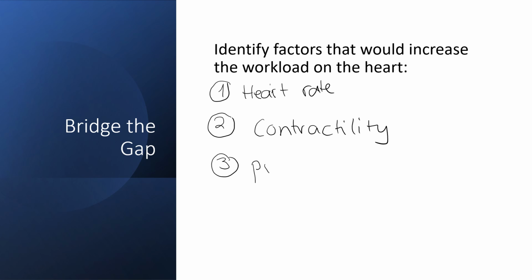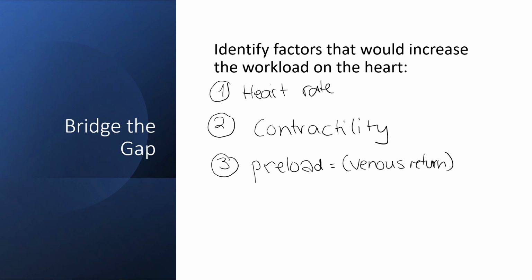Preload. If you recall, what is preload again? It's volume. It is venous return. Yes, it is the amount that's left at the end of diastole, but it's really the volume that's coming back to the heart. If you remember Frank-Starling law, the more blood that comes back, the more it's going to stretch. Think about water balloons that you have during summertime.